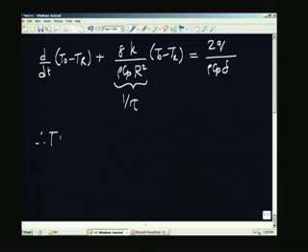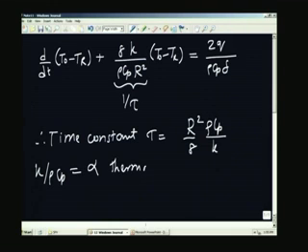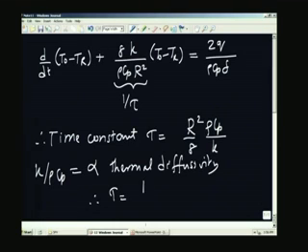Therefore, the time constant for the foil type sensor is given by tau is equal to r squared rho Cp by 8 k, and this k by rho Cp is nothing but the thermal diffusivity of the material. So, tau is equal to r squared by 8 alpha.